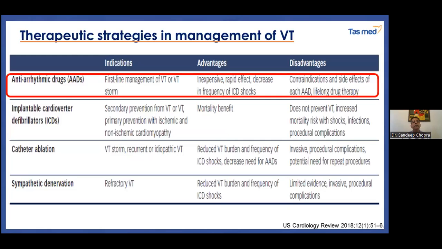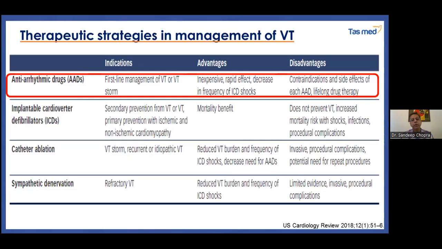So these are the therapeutic strategies we've spoken about. Antiarrhythmic drugs should be the first line management of VT or VT storm. The advantages: most of your population will be able to afford them. They have a rapid effect and decrease the frequency of ICD shocks. Disadvantages are the side effects which we as cardiologists and physicians should be aware about.